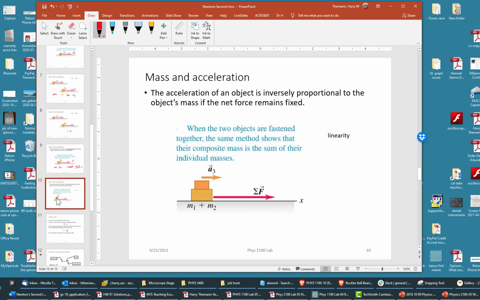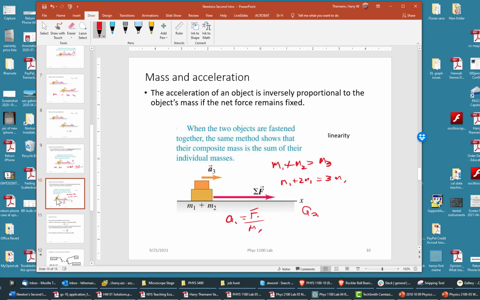And so basically we can get yet another one. Remember, M2 is twice M1, so now M1 plus M2 equals M3, and that equals M1 plus 2M1, which equals 3M1. But then we know that A1 was F1 over M1.